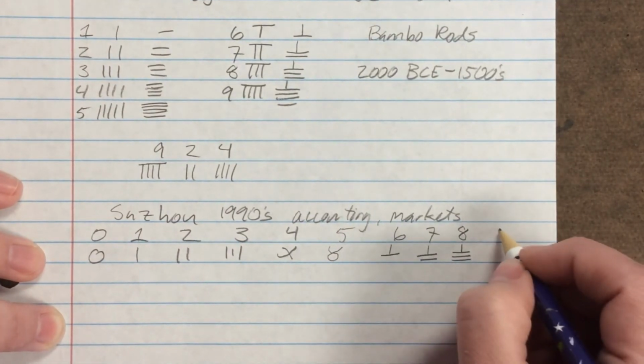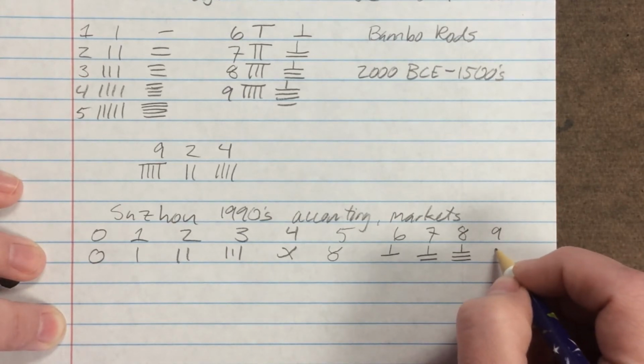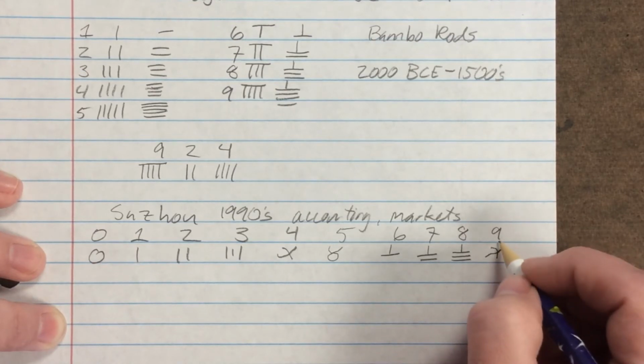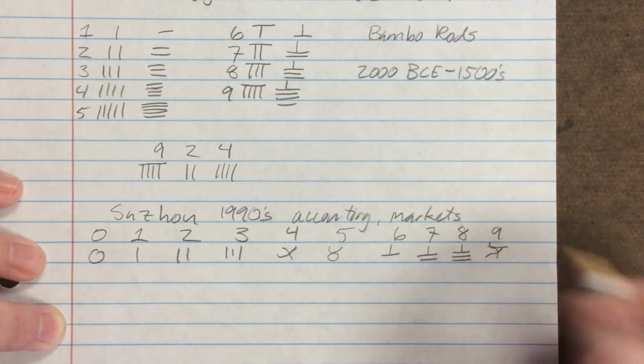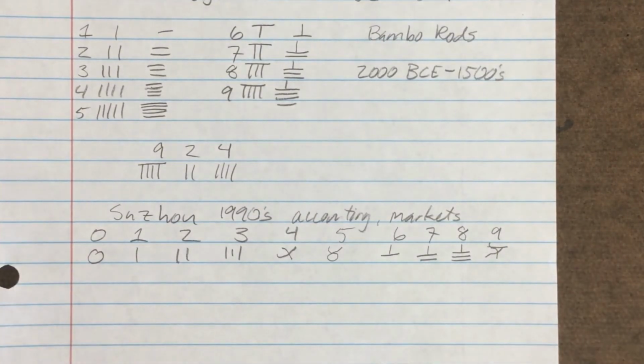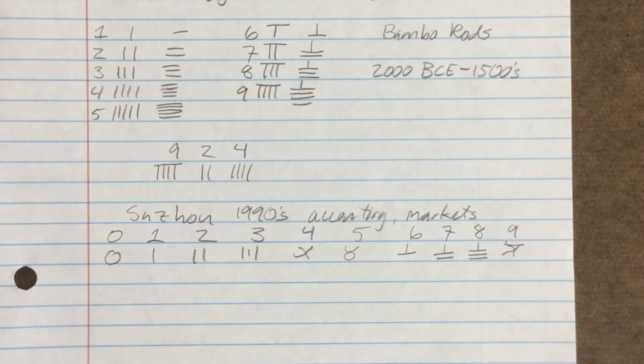And then 9 went a little wonky. We got the fancy X from the 4, but with a line across the top and a thing like that. Okay, so this set of shapes is kind of what they had.